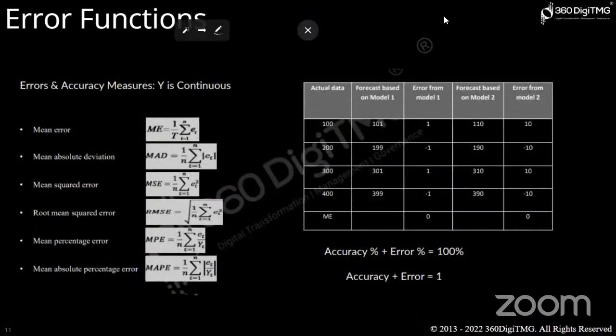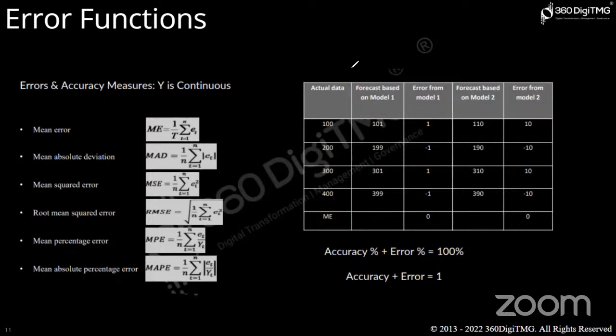So here we can see, when I'm saying error, right? We have taken the error function, where we are going to get some error and we are going to take the mean value. So what is happening here? I have taken some data. Actual data is 100 and forecasted data is 101.